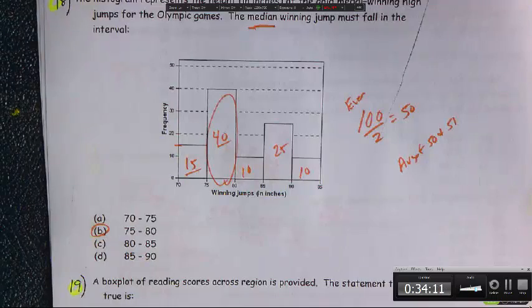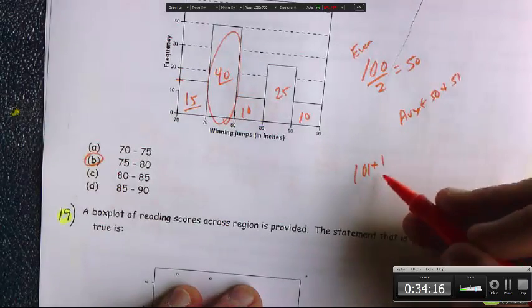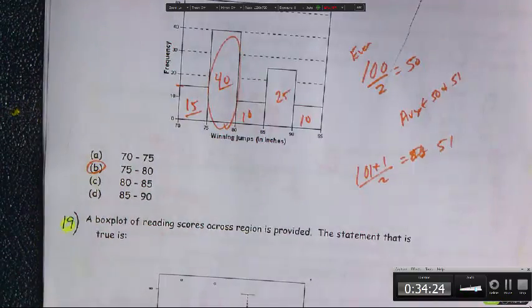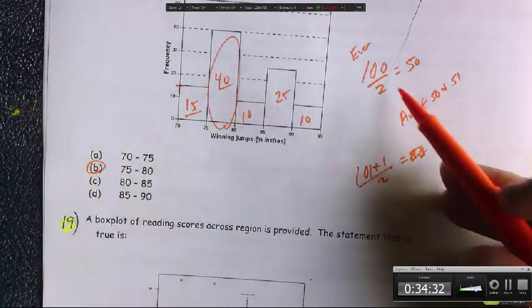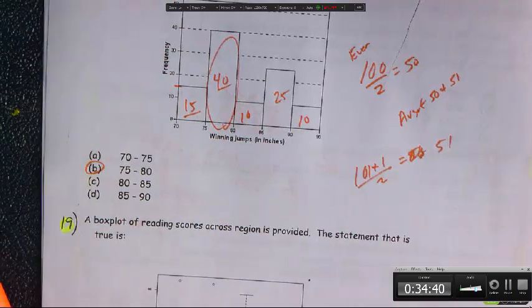If it was odd, let's say 101, you add 1 to it, then divide by 2, which makes 51. So if there's an odd number, it's just the entry at the add 1, divide by 2 position. But if it's even, divide by 2, add 1, and it's the average of those two, because there wouldn't be one specific number in the middle. There's going to be 50 above, 50 below, and 2 numbers that straddle what's directly in the middle.